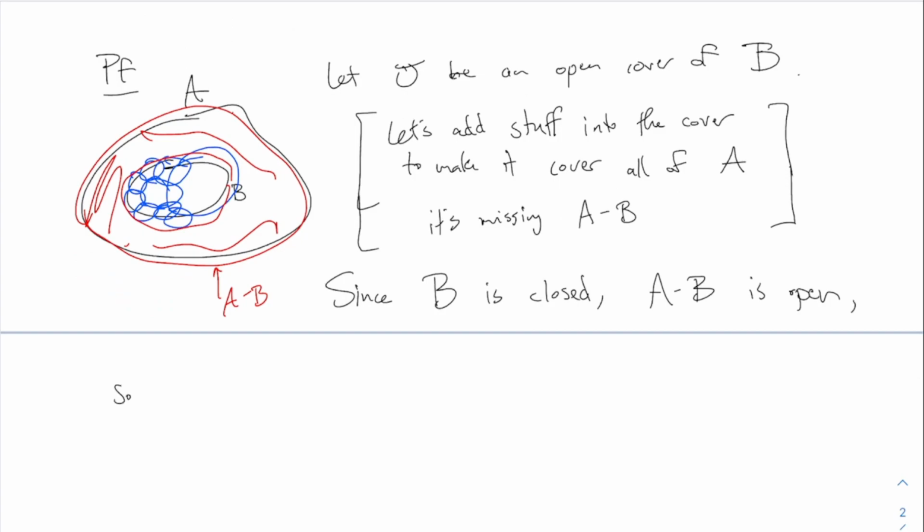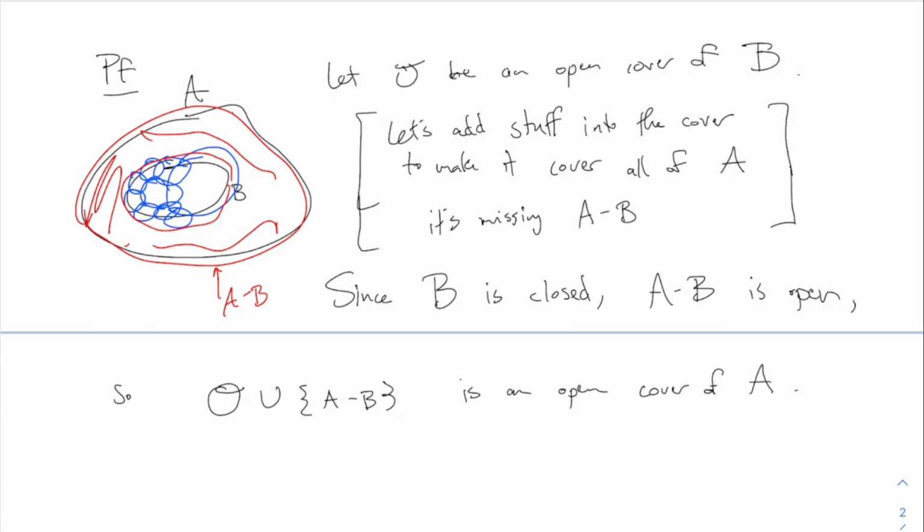Since B is closed, A minus B is open. So if I take O and also this one extra set, this is an open cover of A. All right? It's all the blue guys, that's O, plus also this one red thing.